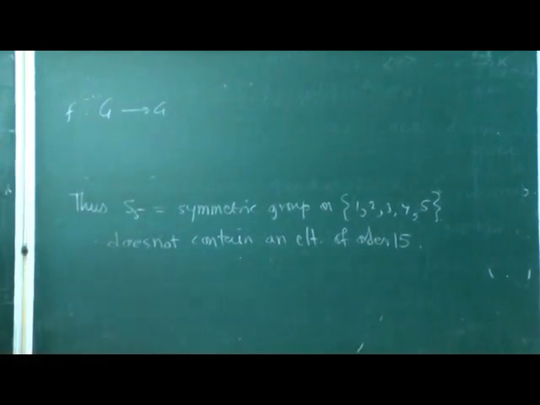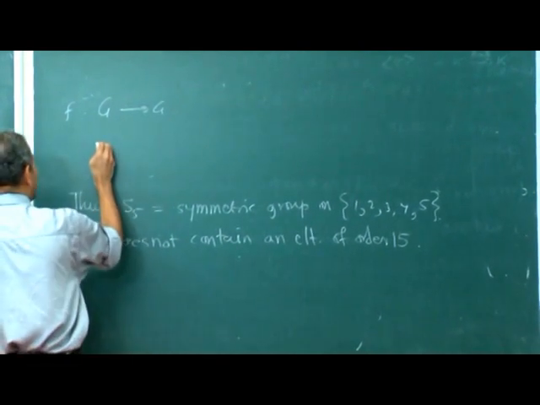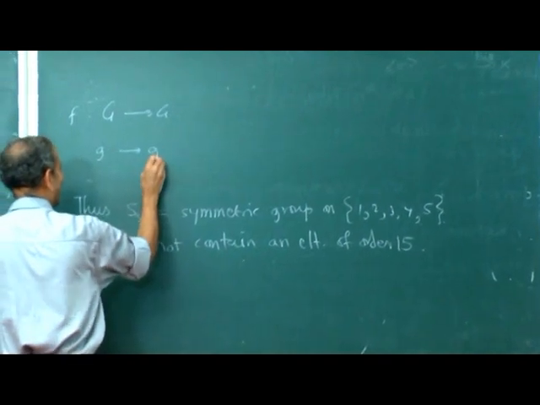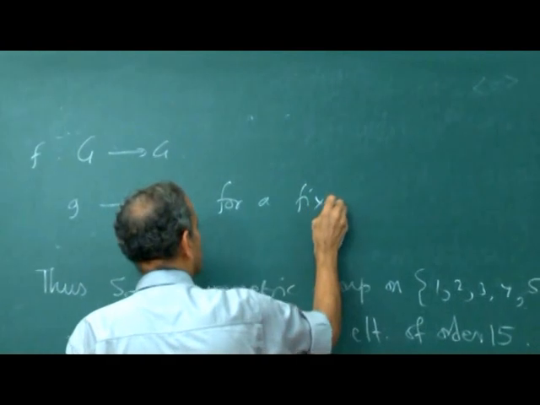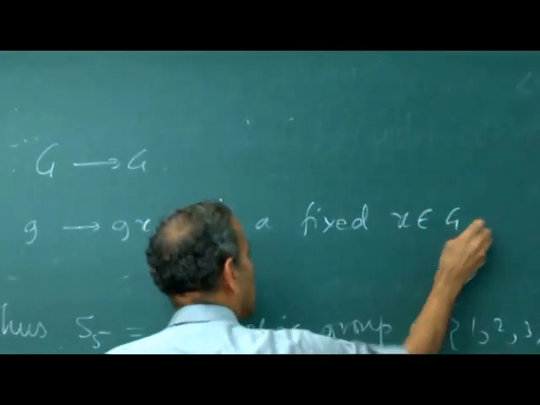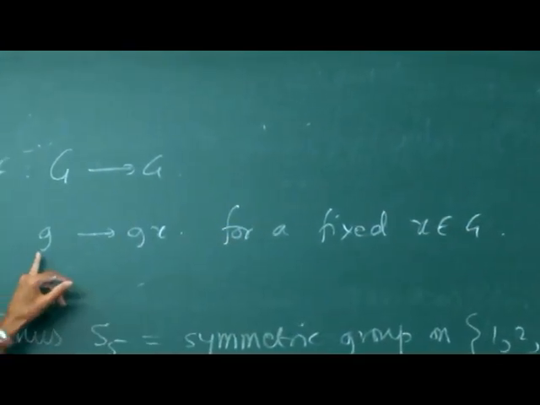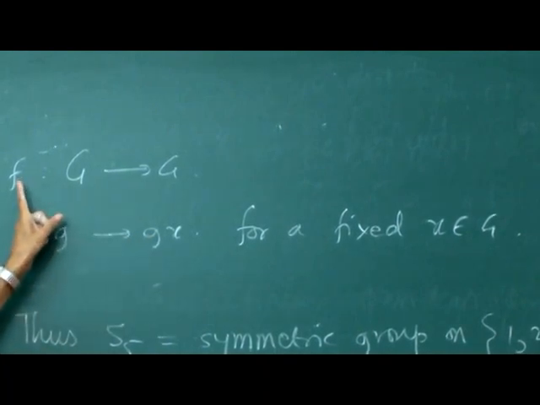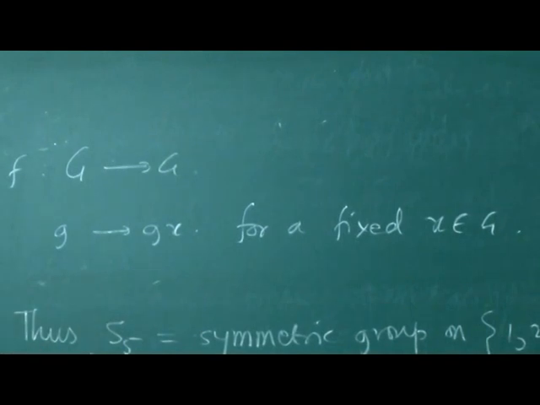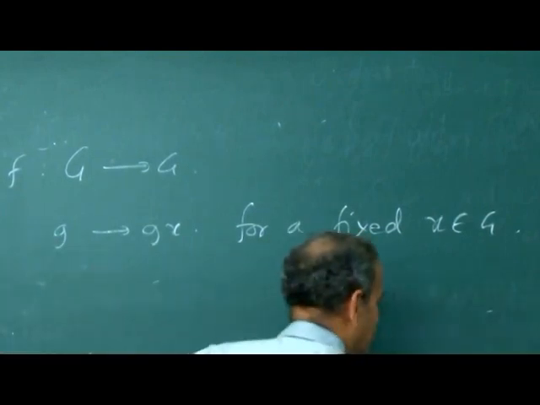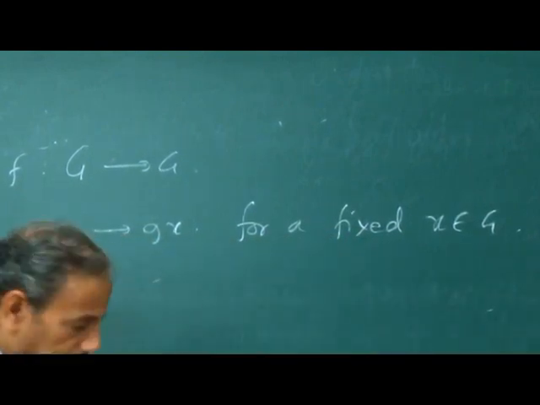Consider a function f from G to G, with g going to gx for a fixed x in G. So what it means is this function multiplies every element of G by x from the right hand side, g going to gx. So now we'll show that this is a permutation of G.